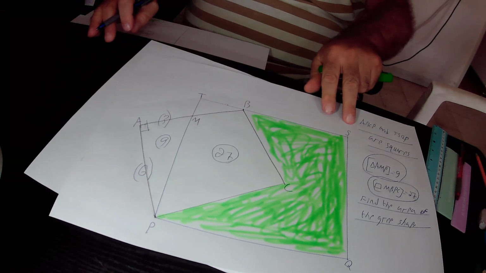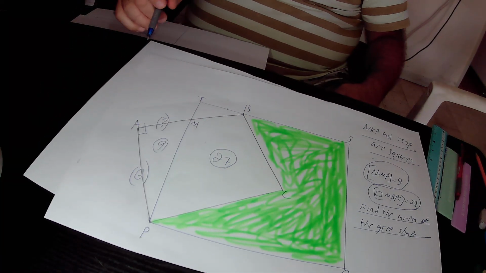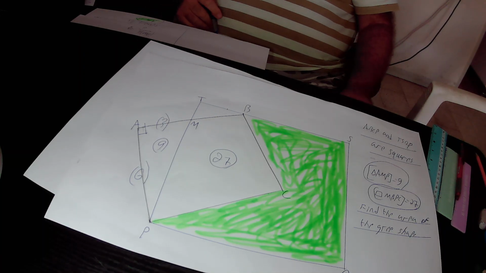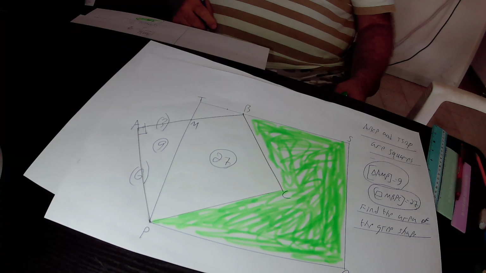In the next step, I'll copy the right triangle AMP onto a new page and apply the Pythagoras theorem to it.